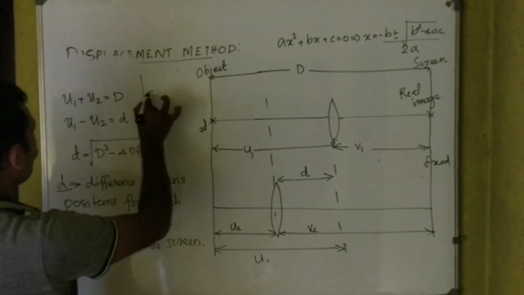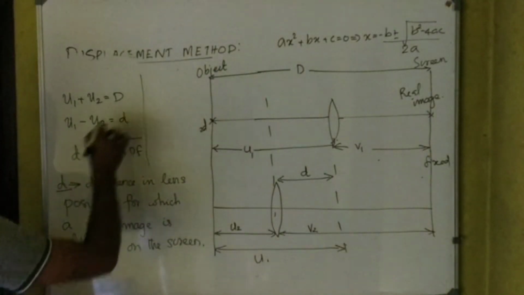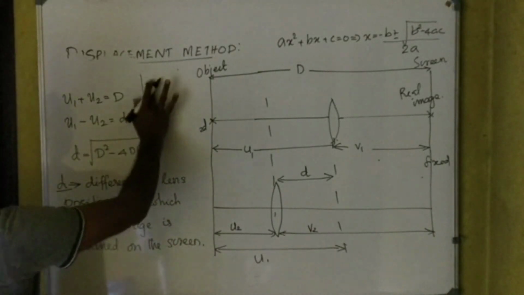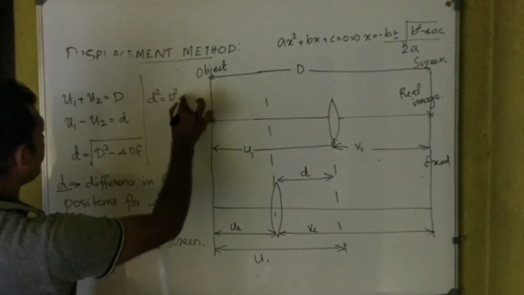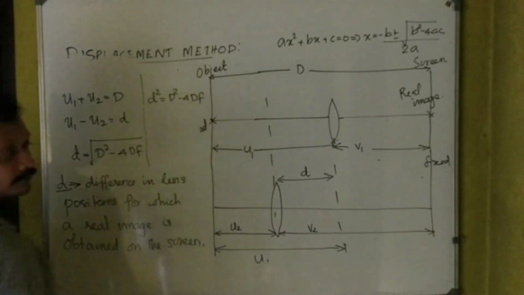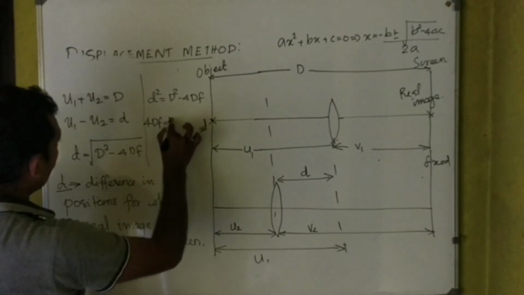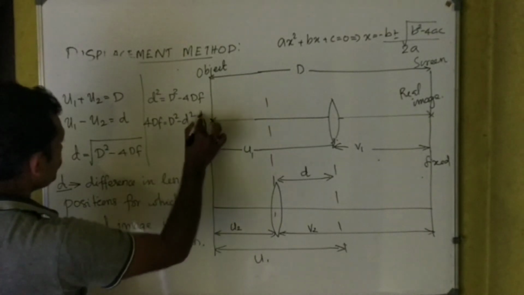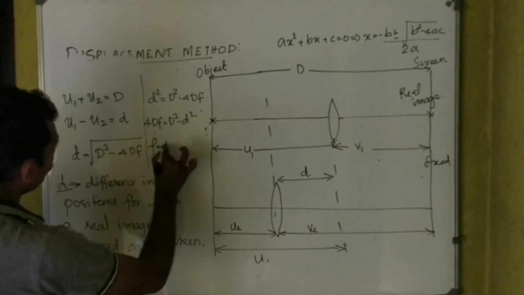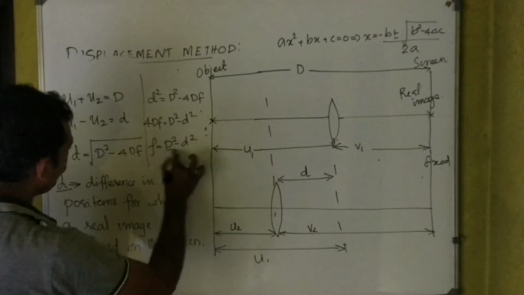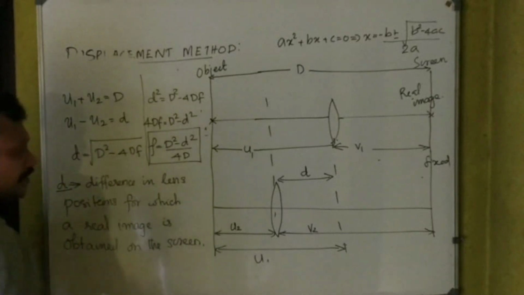Now from this relation, so already we got small d is equal to this thing, right? Now I can say from here focal length f is equal to, I will square this equation, then I will modify. Small d square is equal to capital D square minus 4df, right? So 4df is equal to capital D square minus small d square, right? From here the focal length f is equal to capital D square minus small d square divided by 4 into capital D. So this is the expression for focal length.